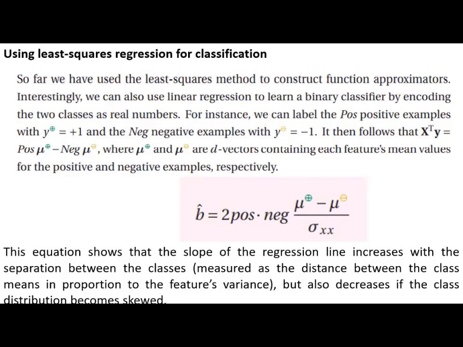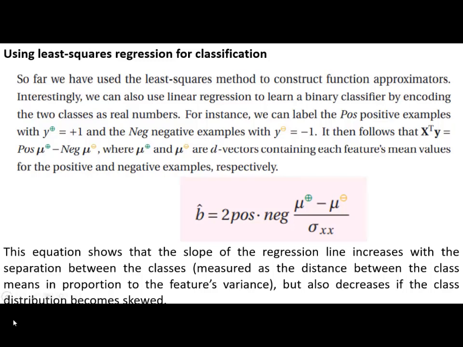And then our formula follows: x transpose y is equal to mu plus minus mu minus, where mu plus and mu minus are d vectors containing each feature's mean values for the positive and negative examples respectively.